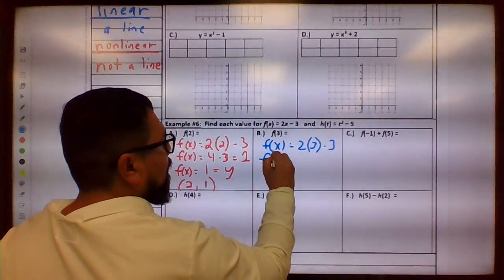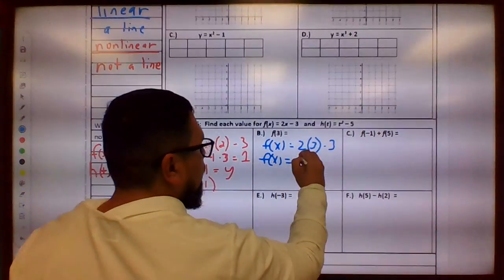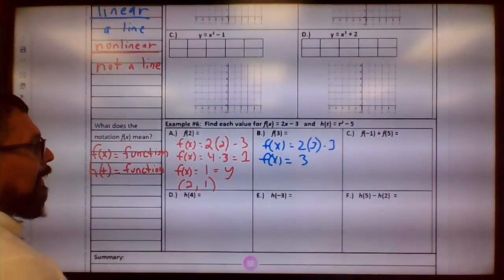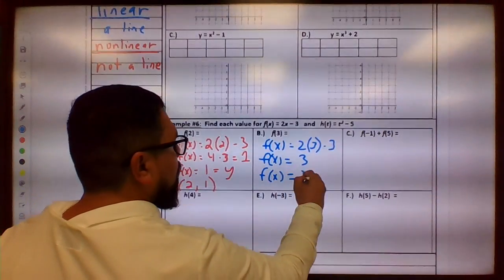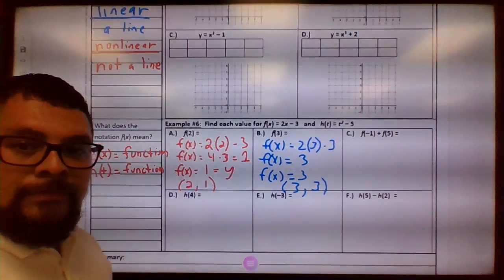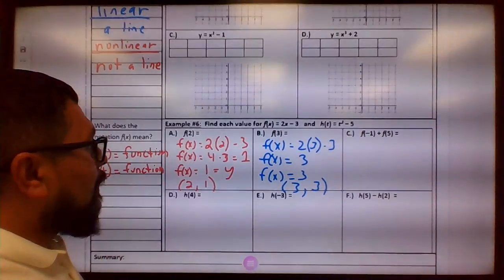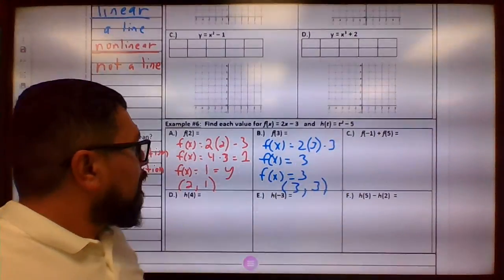So f of x, 2 times 3 is 6, minus 3 is 3. So it looks like this one is at 3, comma 3. So f of x equals 3. So it's at 3, comma 3. Easy, right?